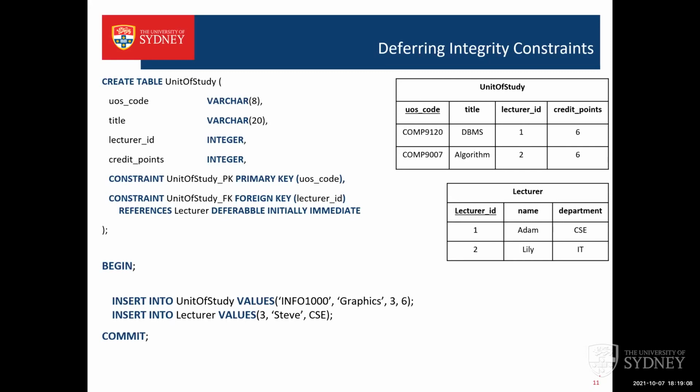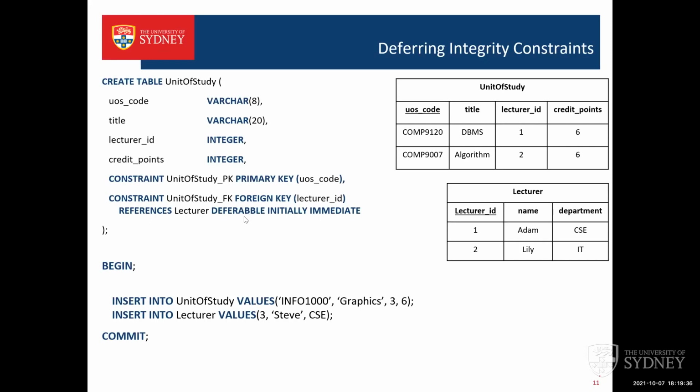Someone is asking what the meaning of deferrable initially immediate is. Deferrable means we can defer the checking, but initially immediate means after every statement it will check whether the system is in a consistent state or not. Someone said it will be okay. Someone says set a defer on that foreign key.